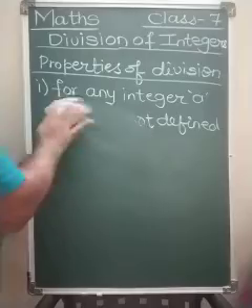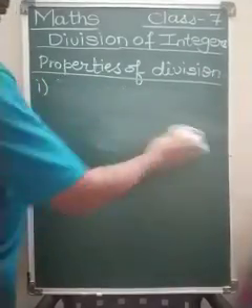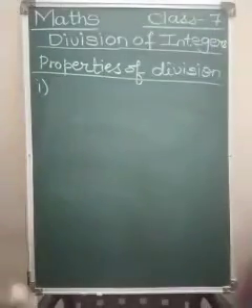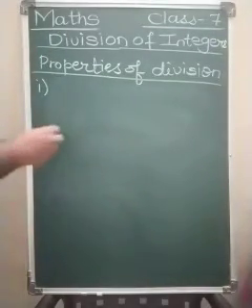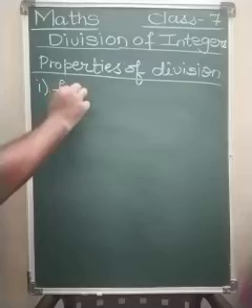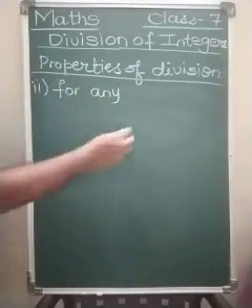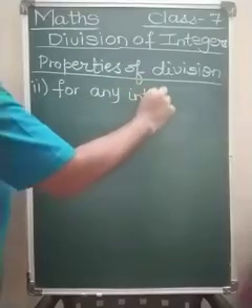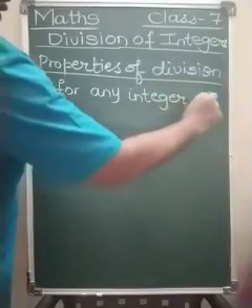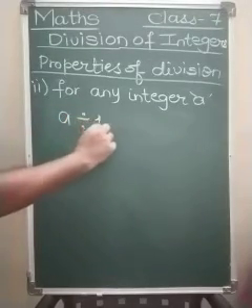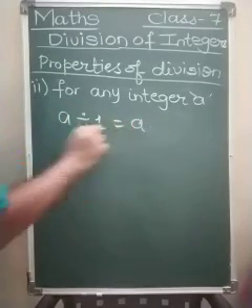I will rub out this. This is the second property now. For any integer a, a divided by 1 equals a.